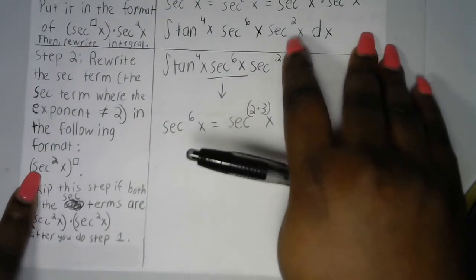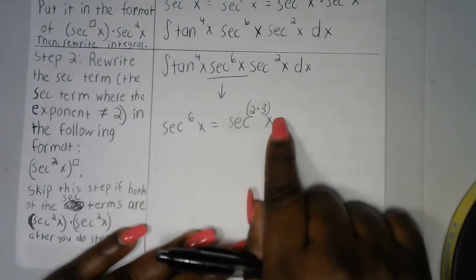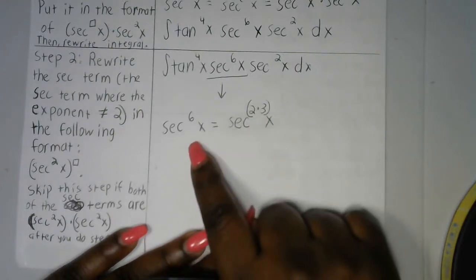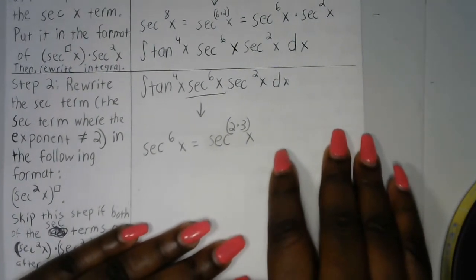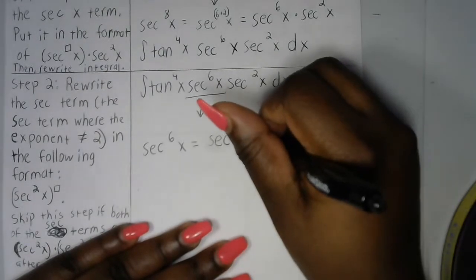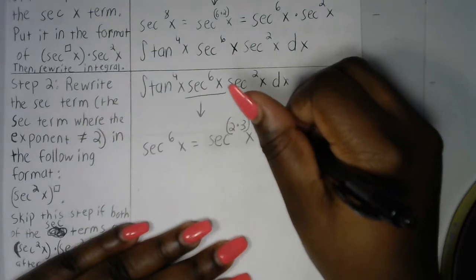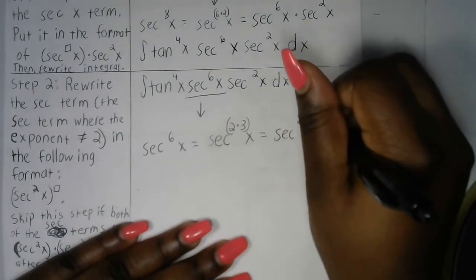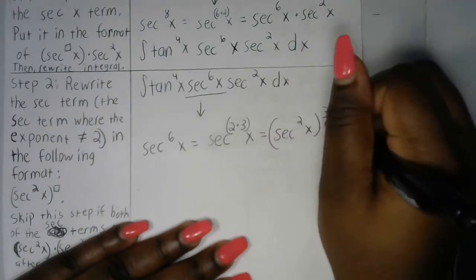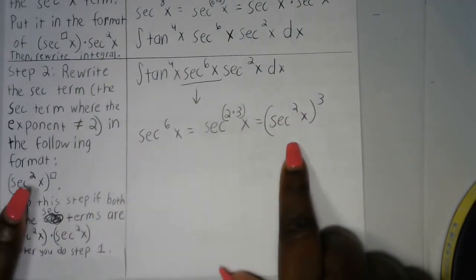And we have to get into the power of secant x squared to the power of something, so it has to be 2 times something. And 2 times 3 is 6, so that's why it's broken down like this. So if you recall, rule number 2, secant x to the power of 2 times 3 can be broken down into secant x to the power of 2 and this whole thing to the power of 3. So now it matches this format.